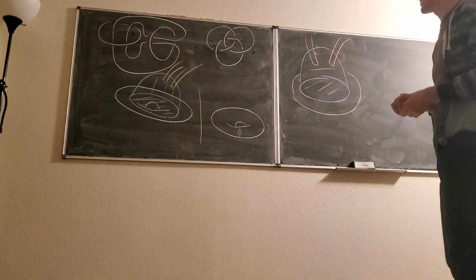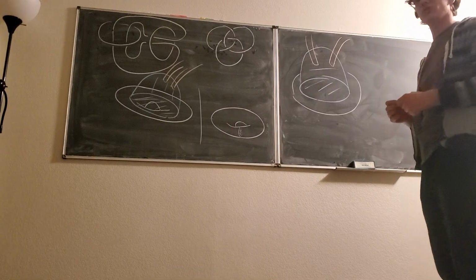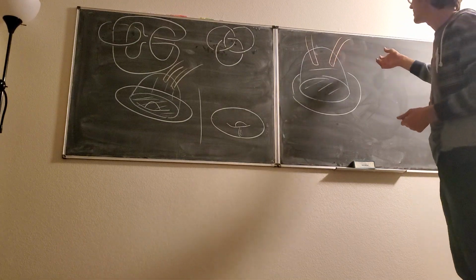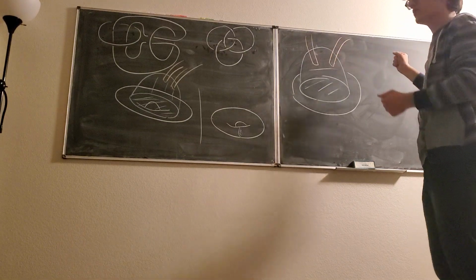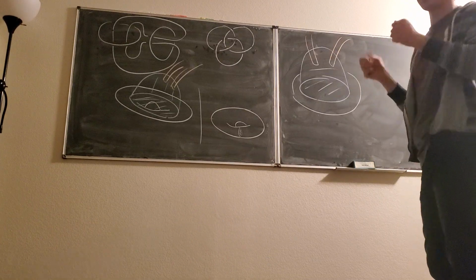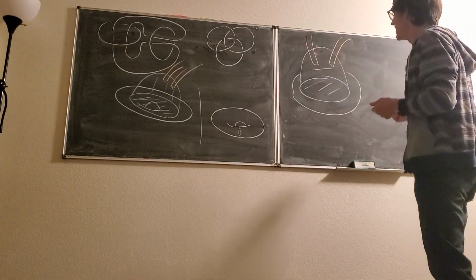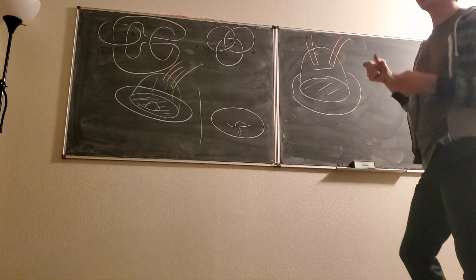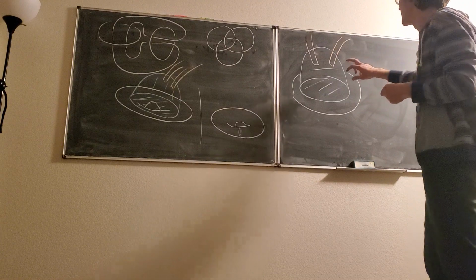And I will show that it's a torus by finding two closed curves on the surface. They're closed, so they're homotopic to some sort of circle, that's fine. And these curves cannot be shrunk down to a point, nor can they be shrunk into each other, so they're not homotopic.